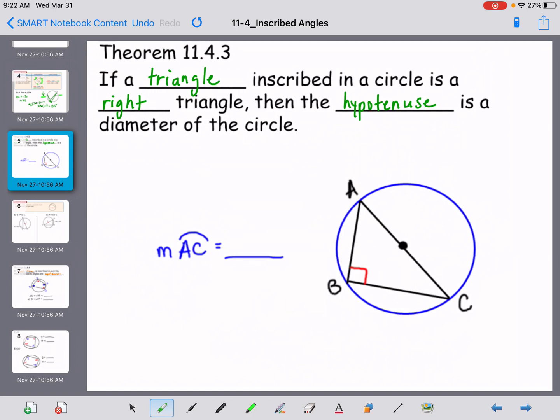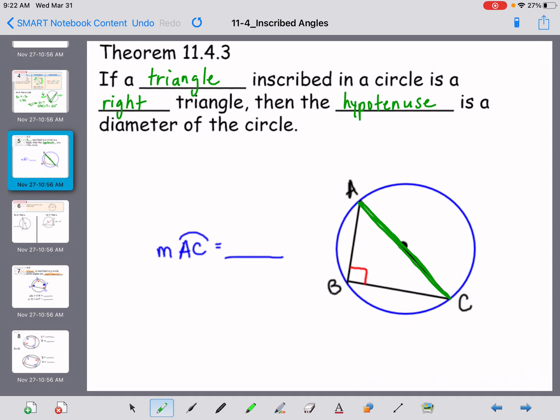I got another theorem that says if a triangle is inscribed in a circle and it's a right triangle, so I have to know that this is a right triangle, then the hypotenuse is the diameter. So the hypotenuse is here.